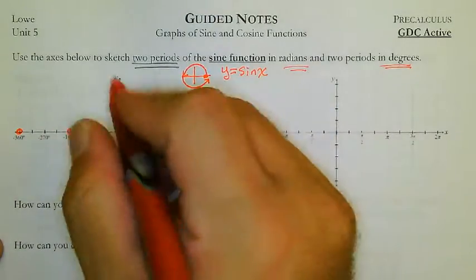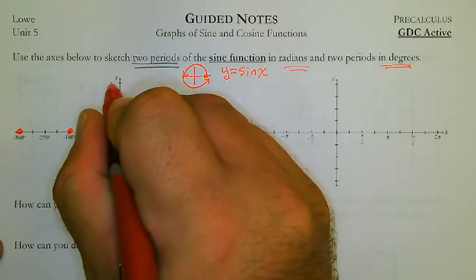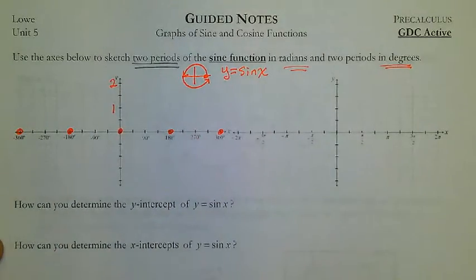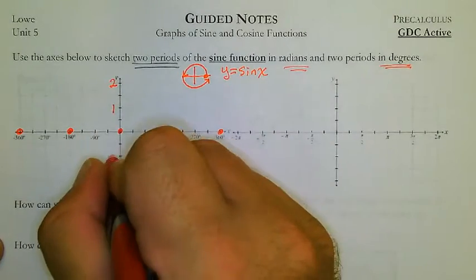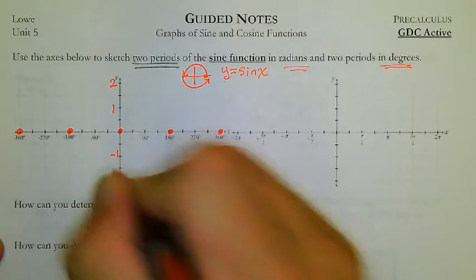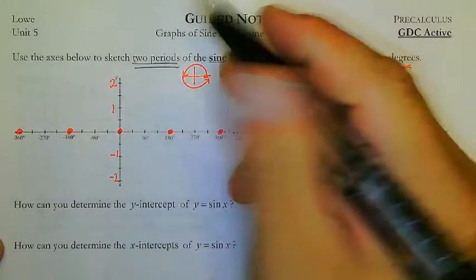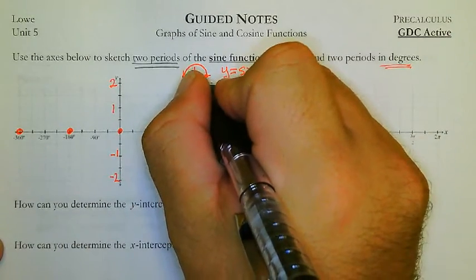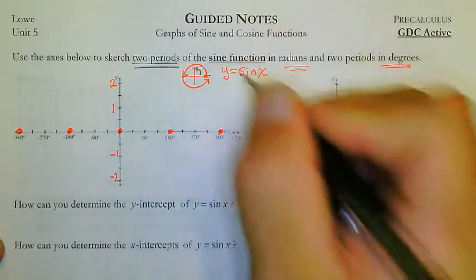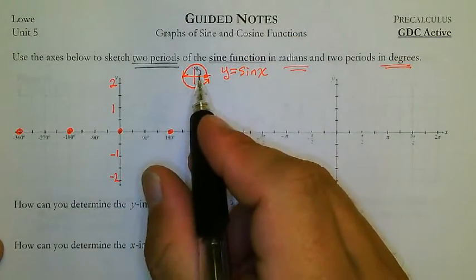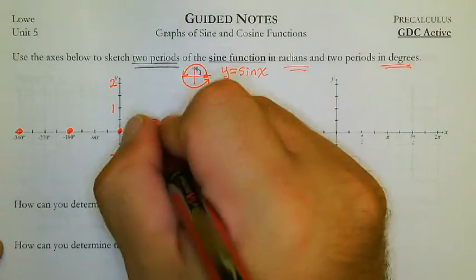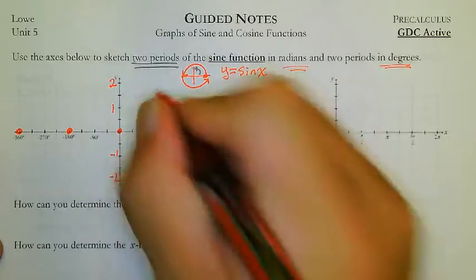Now let's pretend that for this one, every 2 tick marks is 1 unit. If I got to 90 degrees, I would be at a maximum, and that maximum would be at 1.